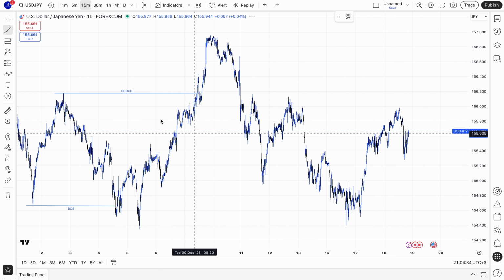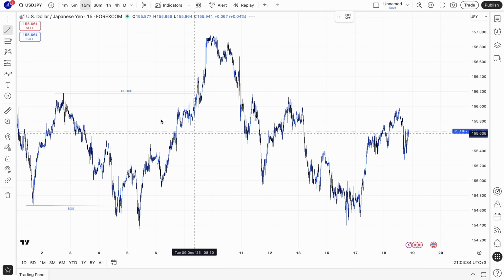And the price just came down and disrespected the order block that was here, but it had a push to the downside, but it was not strong enough to push the price to the downside.